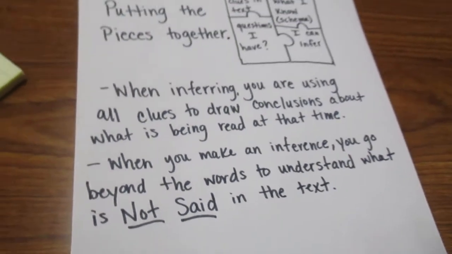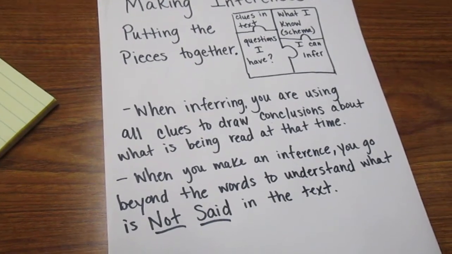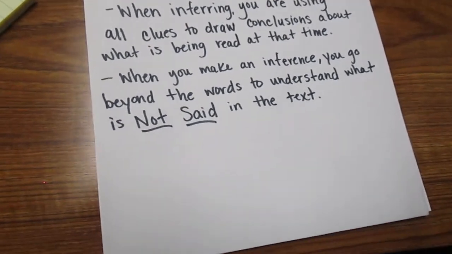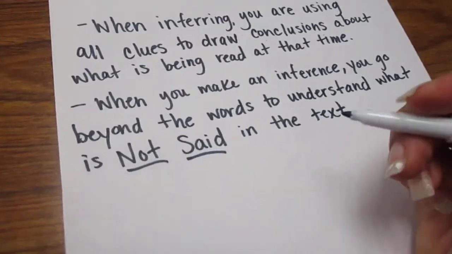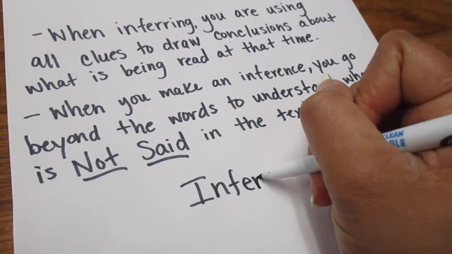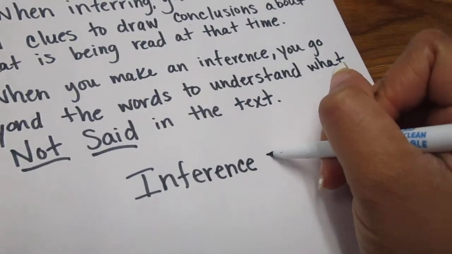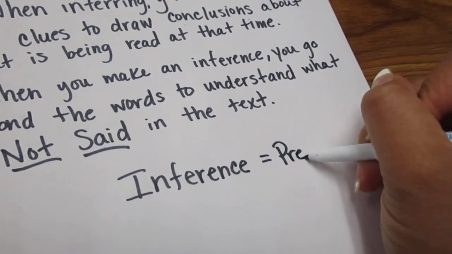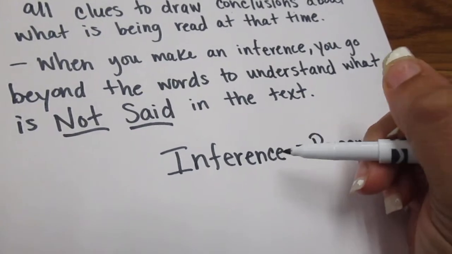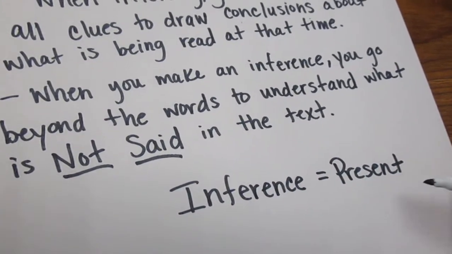Okay, and I do want to make this point. So right now this is what I have. Okay, so you should have this also on your paper. Okay, and the last thing I want to put on my paper is an inference equals the present. Okay, some people get an inference and a prediction confused, but an inference is happening at that moment.